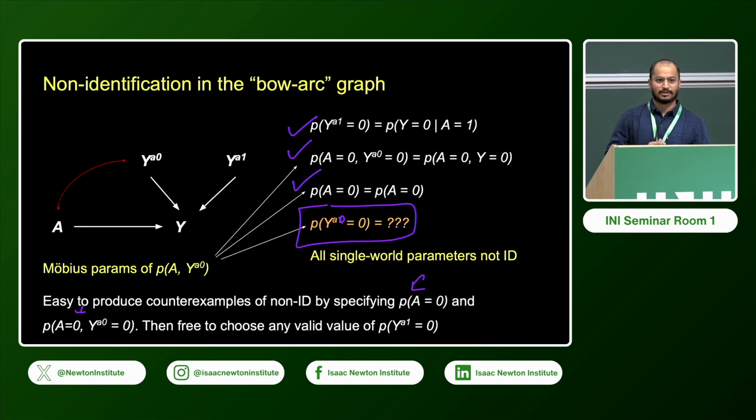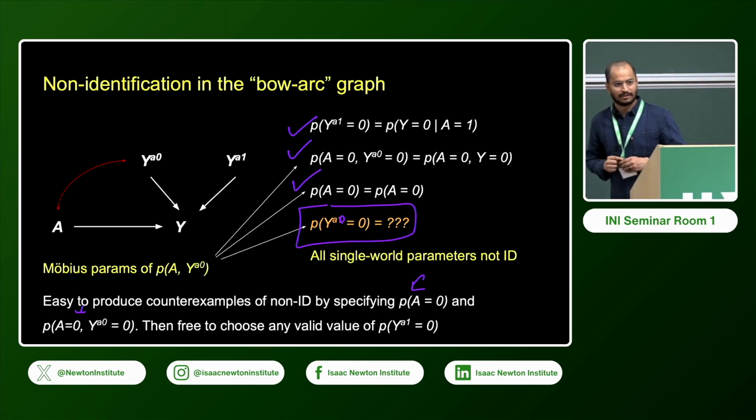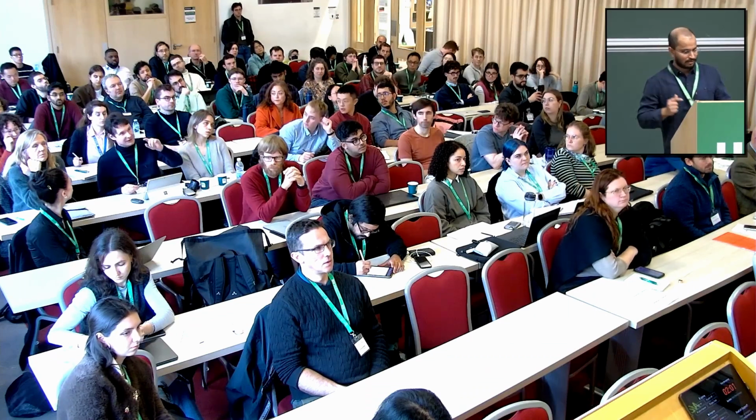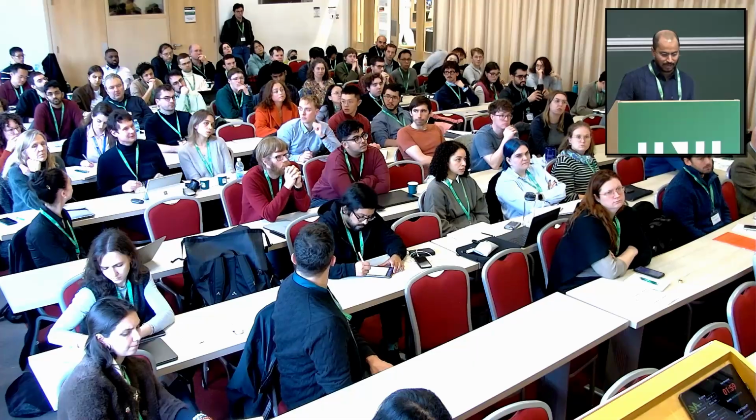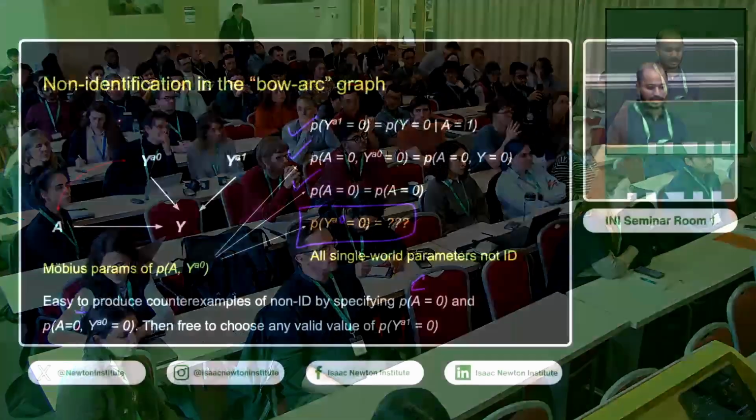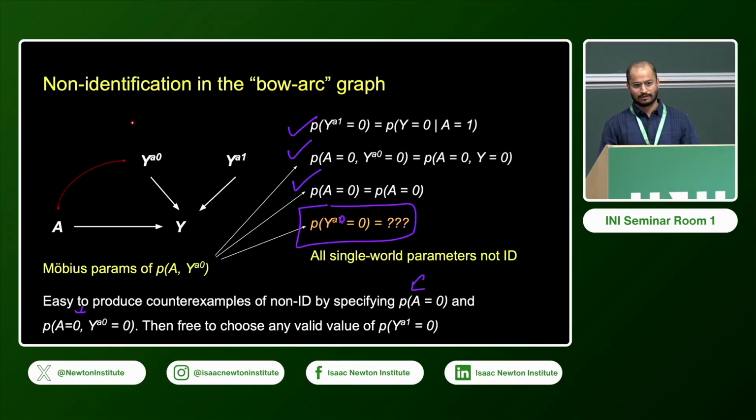Questions? Yes? Can you please just repeat the argument of why then this expression is not identified? Yes, okay. So identification is about forming a bijection. And I have 4 parameters in my full data law. And I have 3 parameters in my observed data law.